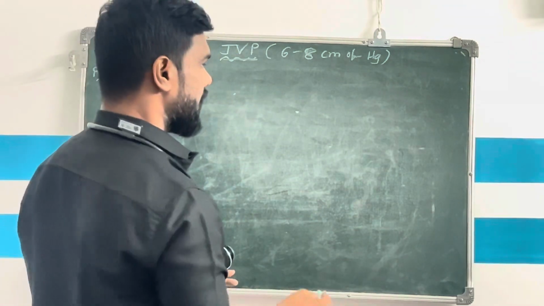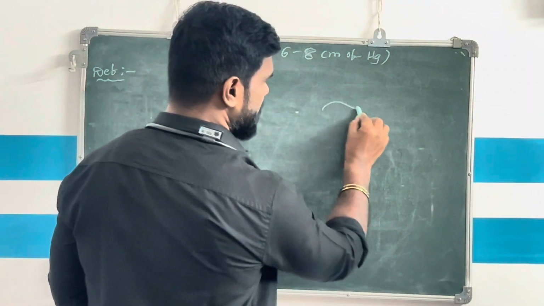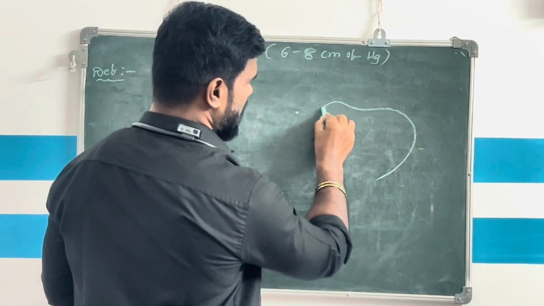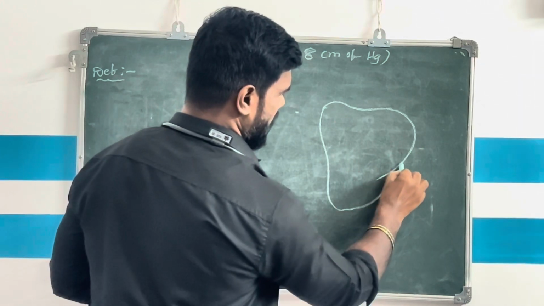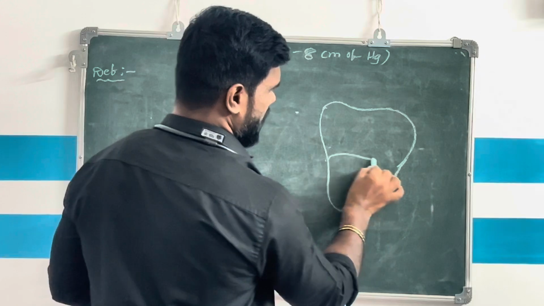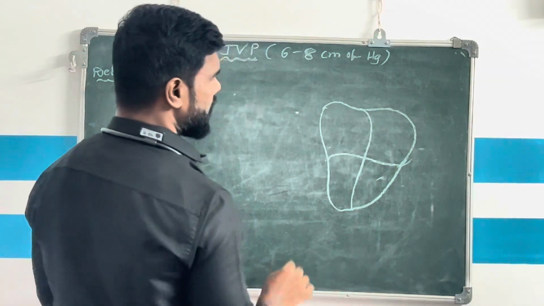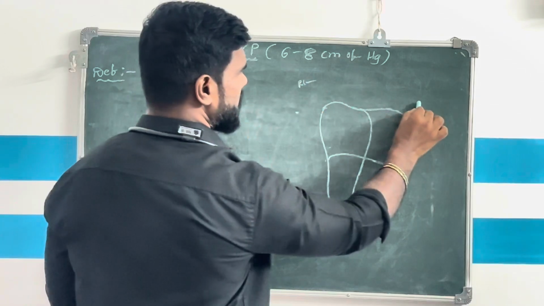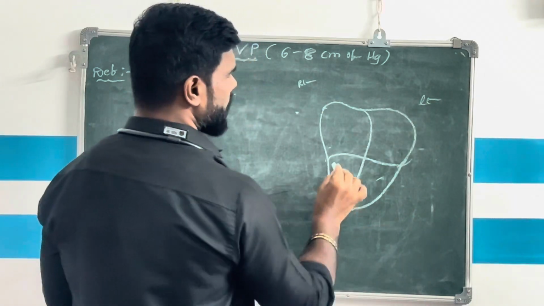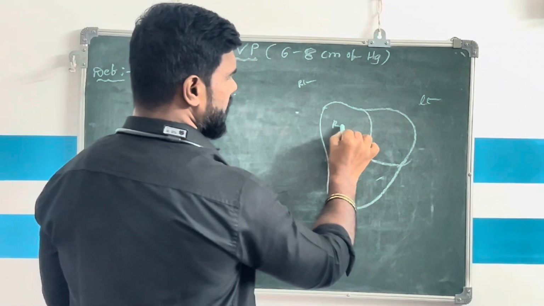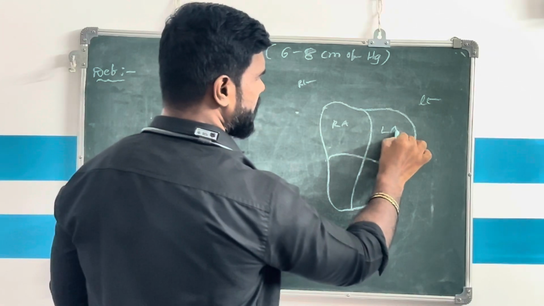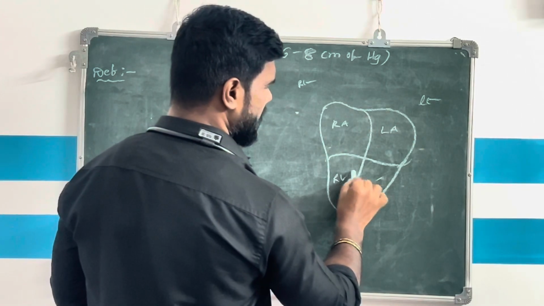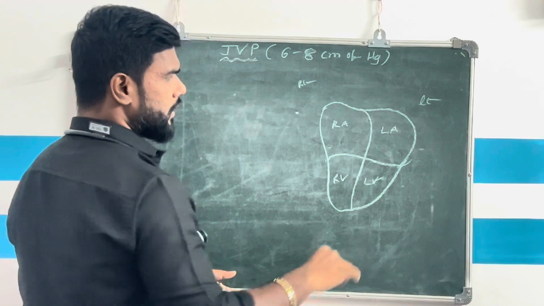For example, let me draw one diagram for you. This is the heart. Here this is the right side of the heart, this is the left side of the heart. The right atria, left atria, right ventricle and left ventricle.